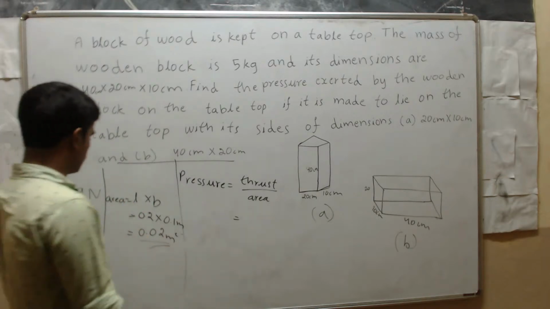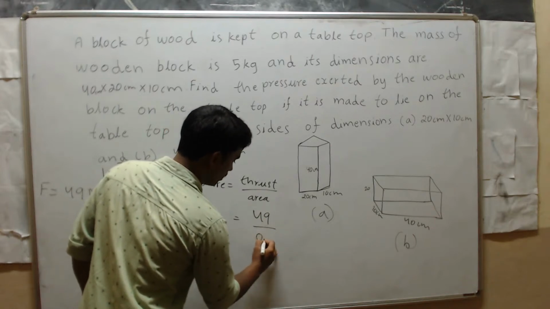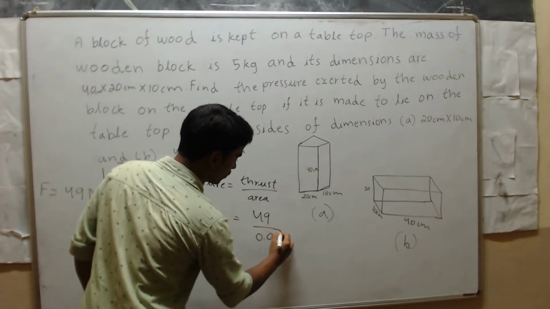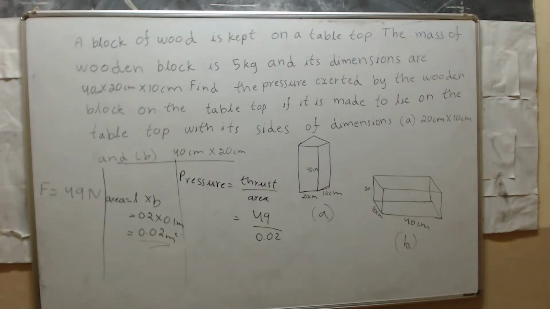Now calculate. So 49 divided by 0.02. Yes, tell me the answer quick. 49 divided by 0.02. I am waiting for your answer quick.